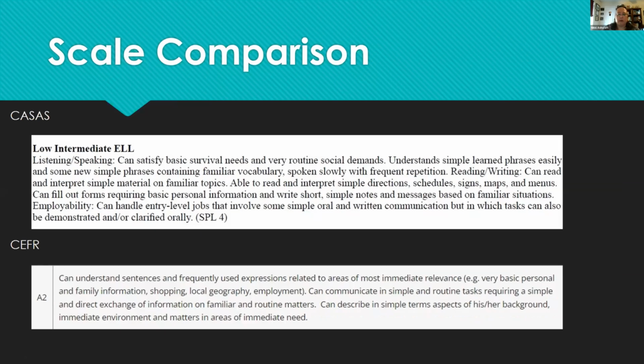And I'm going to give you a minute here, I want to count in my head, to read these two descriptors and to see where are the areas of overlap and how this level is described. So I'm going to just pause for a minute here and let you read this and see what are the commonalities between these two definitions.